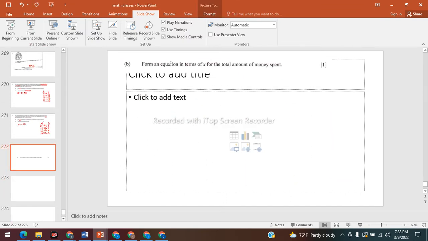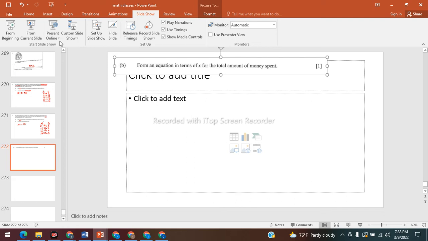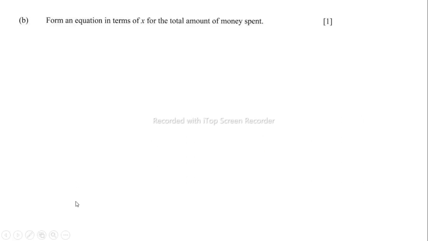So we know that he spent some money at the music store. So we're gonna say music store. We know for sure he spent some money at the music store.